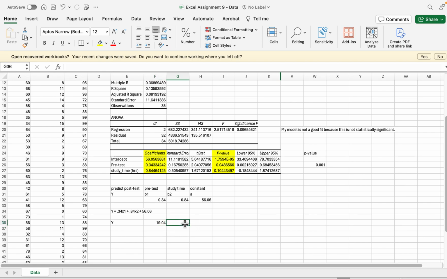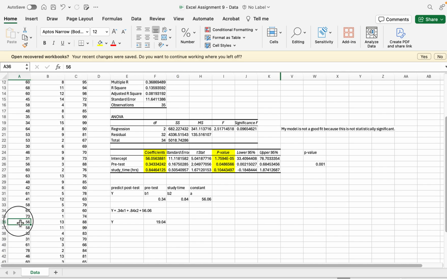And then I'm going to do the same thing on that same row. Right now I'm focused on this row, right? Okay.